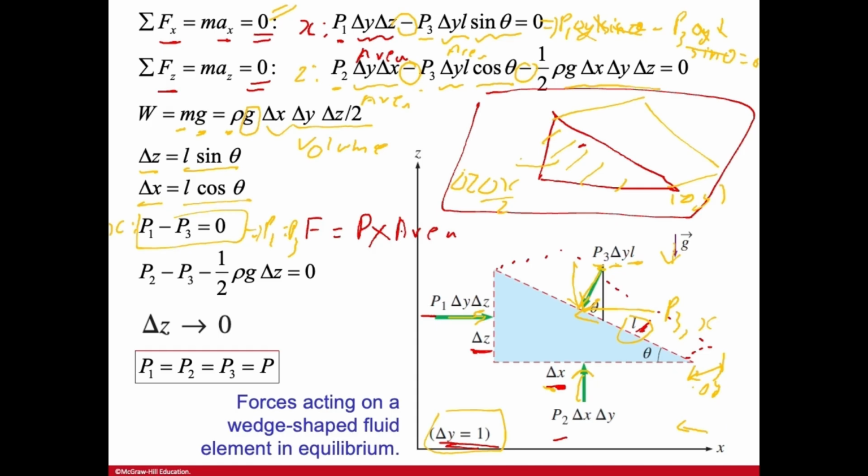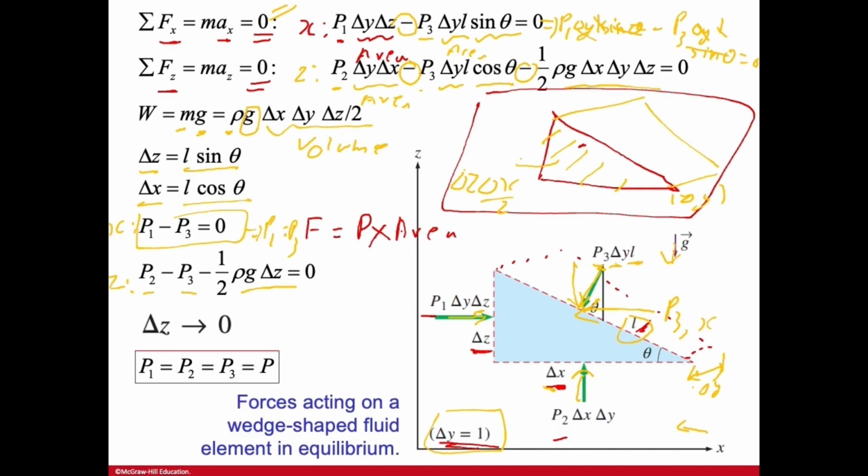Now if you do the force balance in the z direction, you'll get a relationship between P2 minus P3, and then there's the half rho g delta z, right? So now we come to the realization that we were making the statement about pressure in the fluid being the same at a point, not at a volume with finite region or area, right?